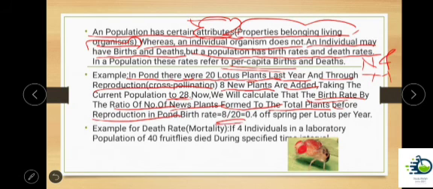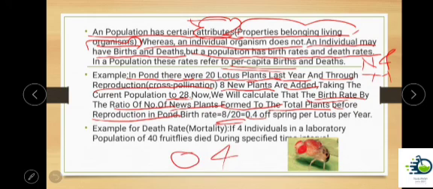The value is equal to 0.4. That means 0.4 offspring are forming per year per lotus.